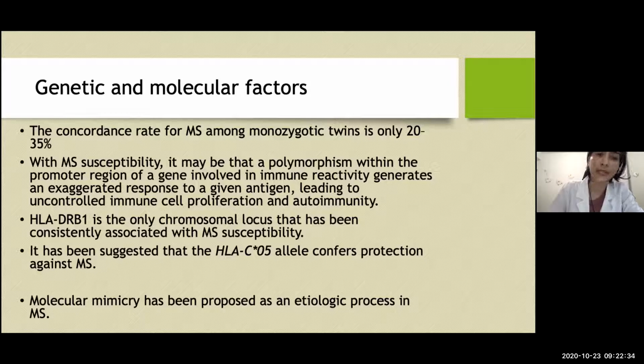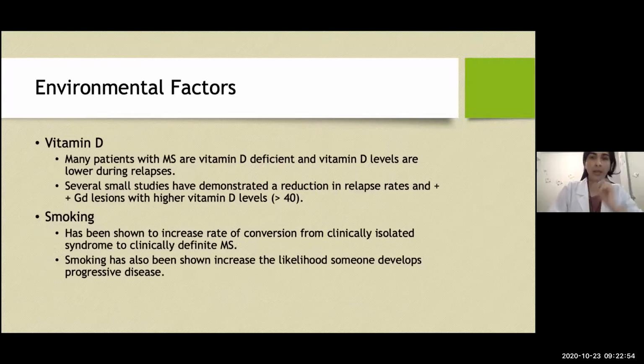Also, HLA-C5 allele confers protection against the disease. Also, molecular mimicry is thought to play its part in MS, as it's thought that T cells get activated to some antigen in the periphery, and then they attack the brain proteins sharing the same epitopes.